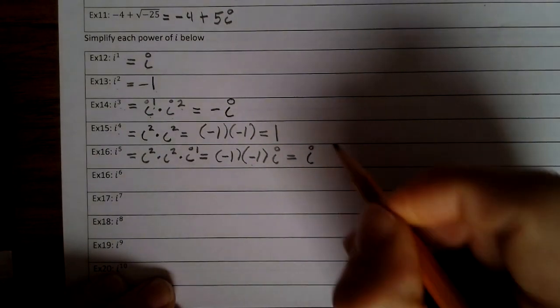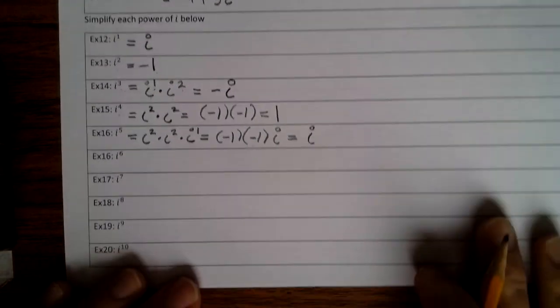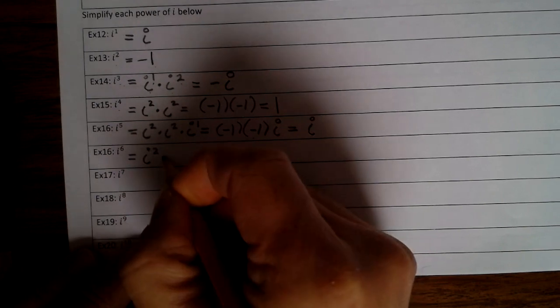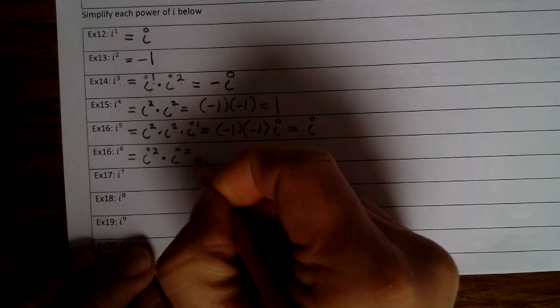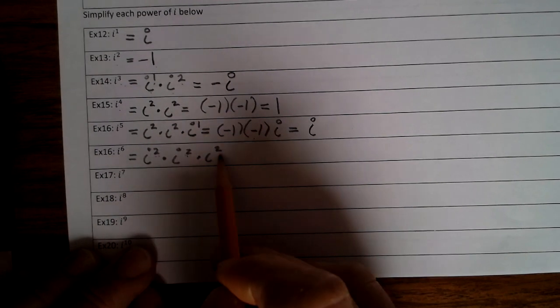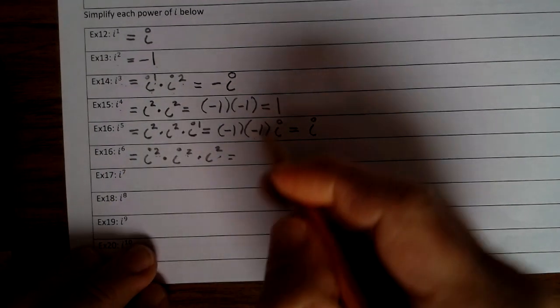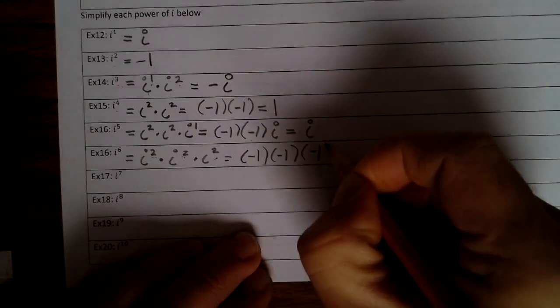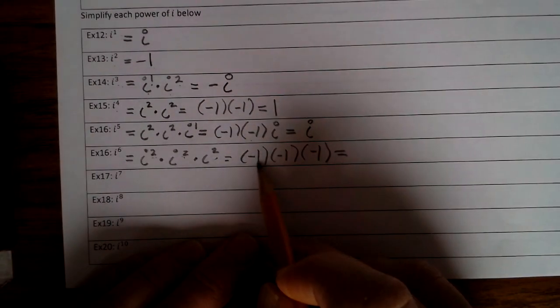Okay? So i to the sixth power can be written as i squared times i squared times i squared, because 2 plus 2 plus 2 is 6. So that's -1 times -1 times -1, which is -1 times -1 is +1 times -1 is -1.